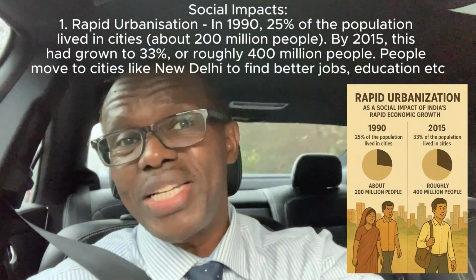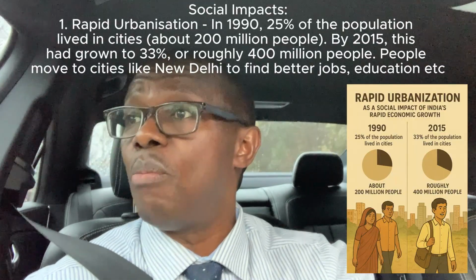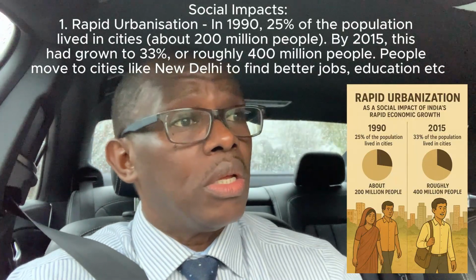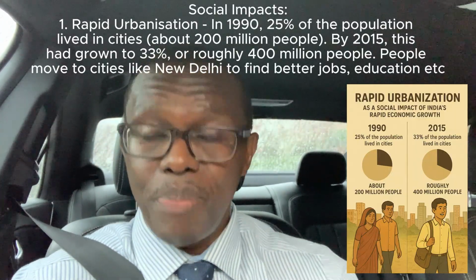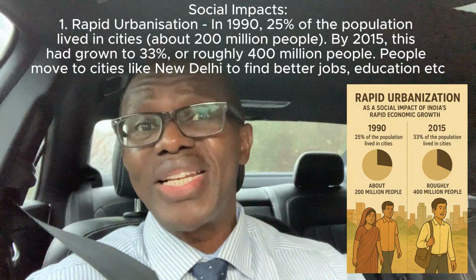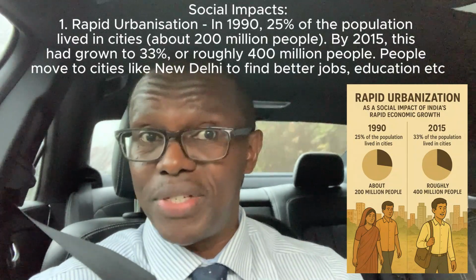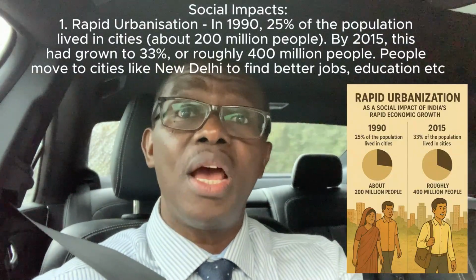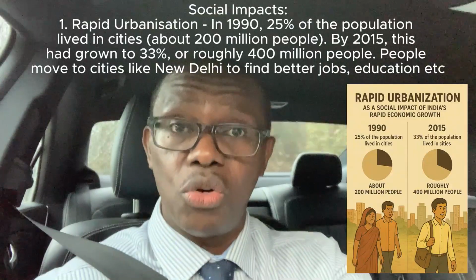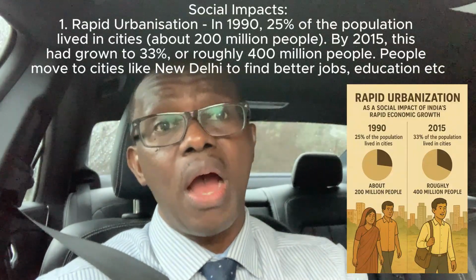Now, by 2015, that percentage had increased to 33%. Now, 33% then implying that by 2015, 400 million people were living in towns and cities or in urban areas, in places like New Delhi, for example.